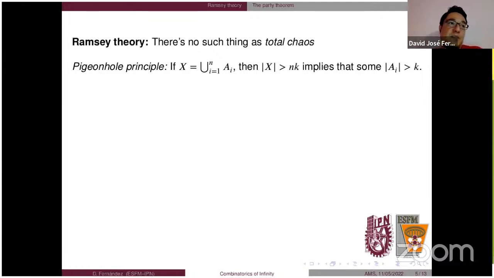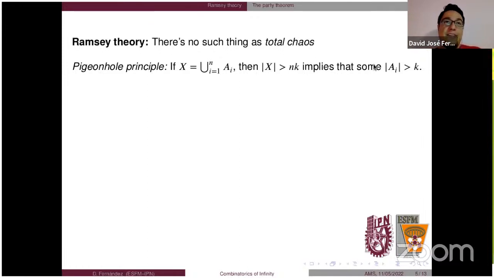It says that at some point, if your set gets large enough, you're going to lose chaos and you're going to have some order. So if your set has any size bigger than nk, then you can ensure that at least k elements will be in the same cell of the partition.